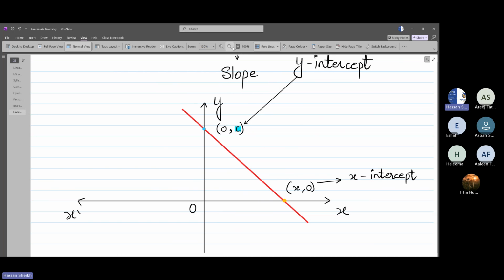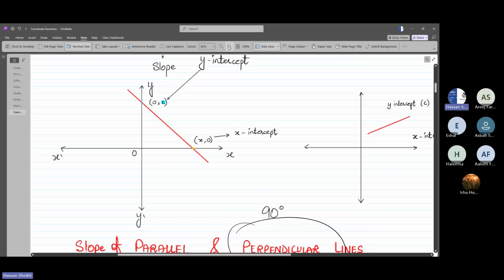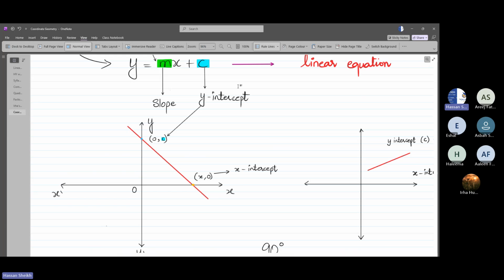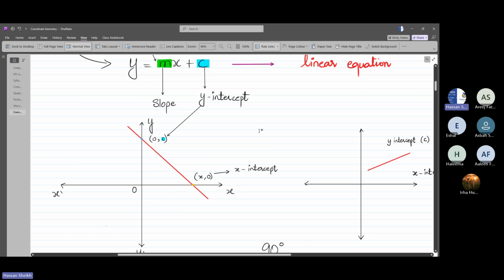You need to remember this because when they ask you to form an equation given the information, always remember that on the y-axis all the x points are always 0 and on the x-axis all the y points are always 0.